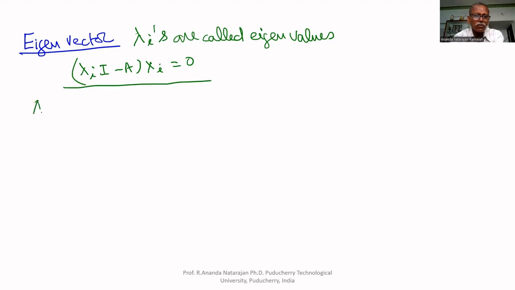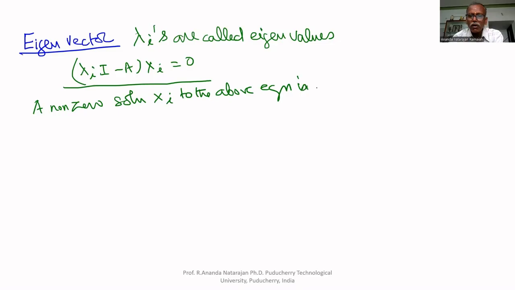A non-zero solution xi to the above equation is called an eigenvector.